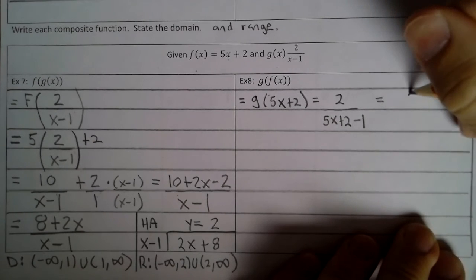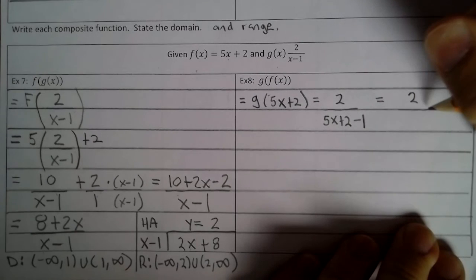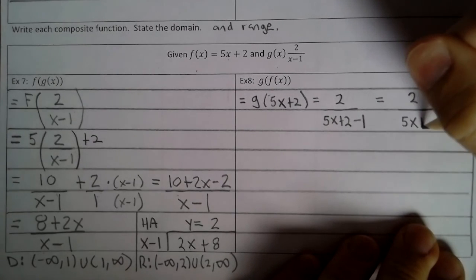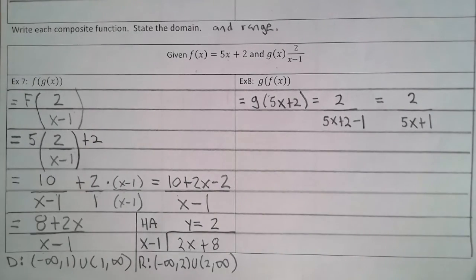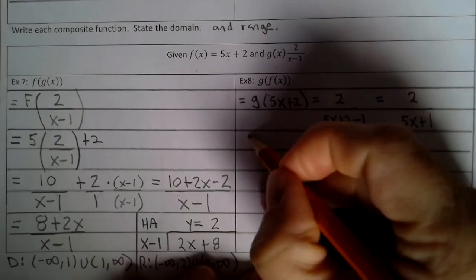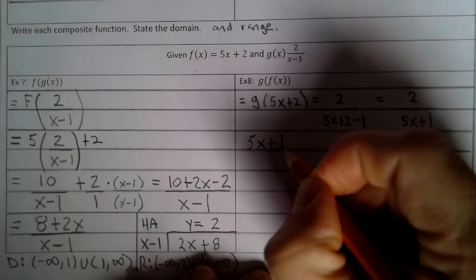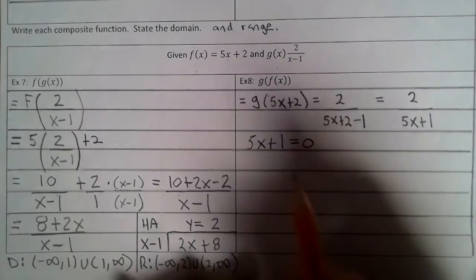Well, we know for the domain we need to set 5x plus 1 equal to 0. Subtract 1 from both sides, you get 5x equals negative 1. Divide both sides by 5, x equals negative 1 divided by 5.